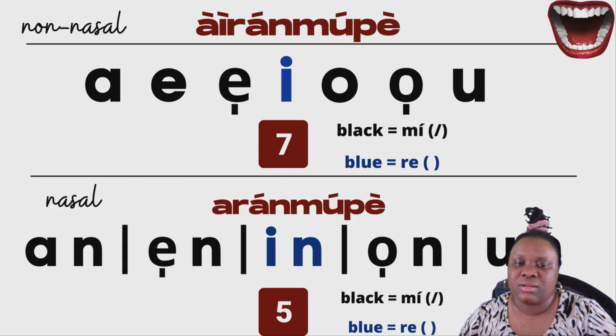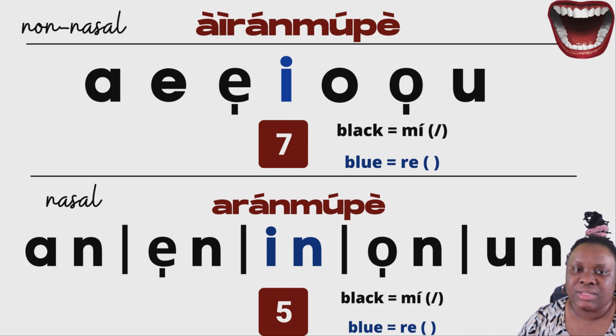So these are those vowels, both the àránmúpè and àìránmúpè vowels. The àìránmúpè first, the non-nasal, 7 of them: a, e, ẹ, i, o, ọ, u.